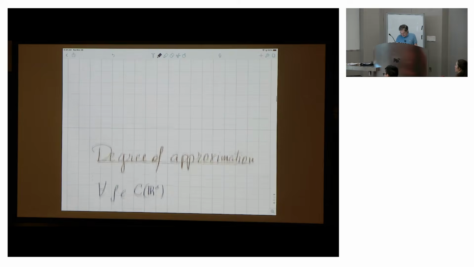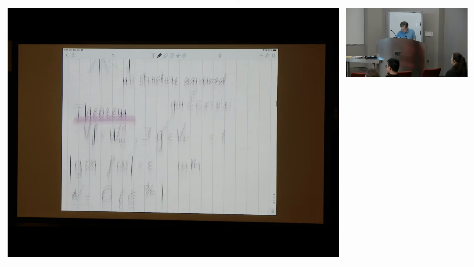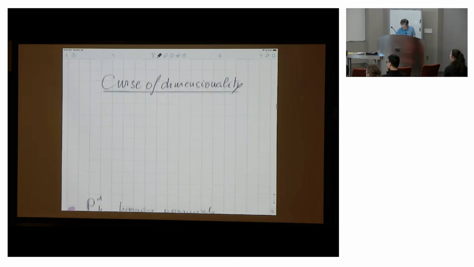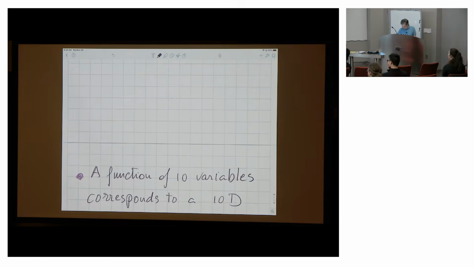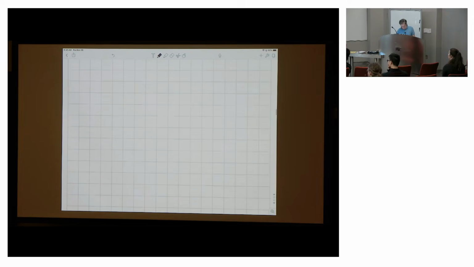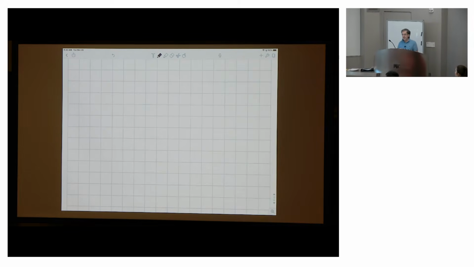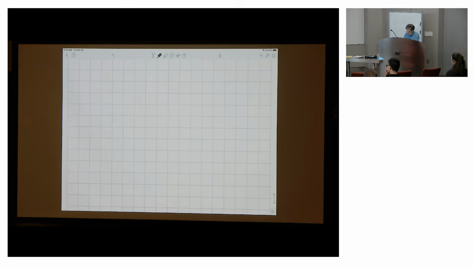Okay, let me give you a summary of how you prove this curse of dimensionality. I'll give you first the logic of it.